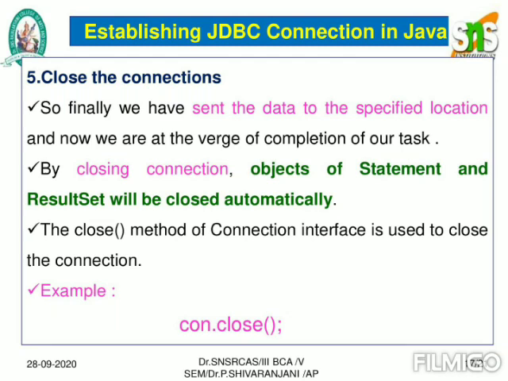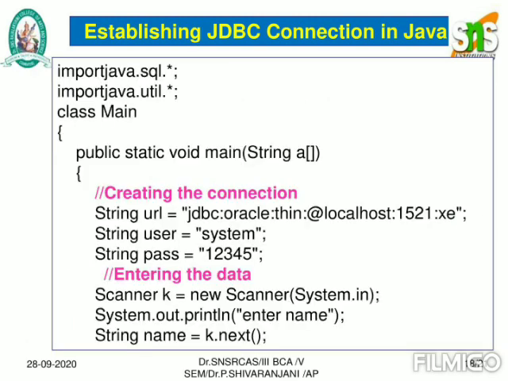Here is the program which explains all these steps clearly. Here I import the java.sql package and java.util package into my JDBC program. Then in a class Main, I have invoked a main method. The first thing I have done is create a connection. For that I have used the URL, username and password. Then the second thing is getting the input from the user.